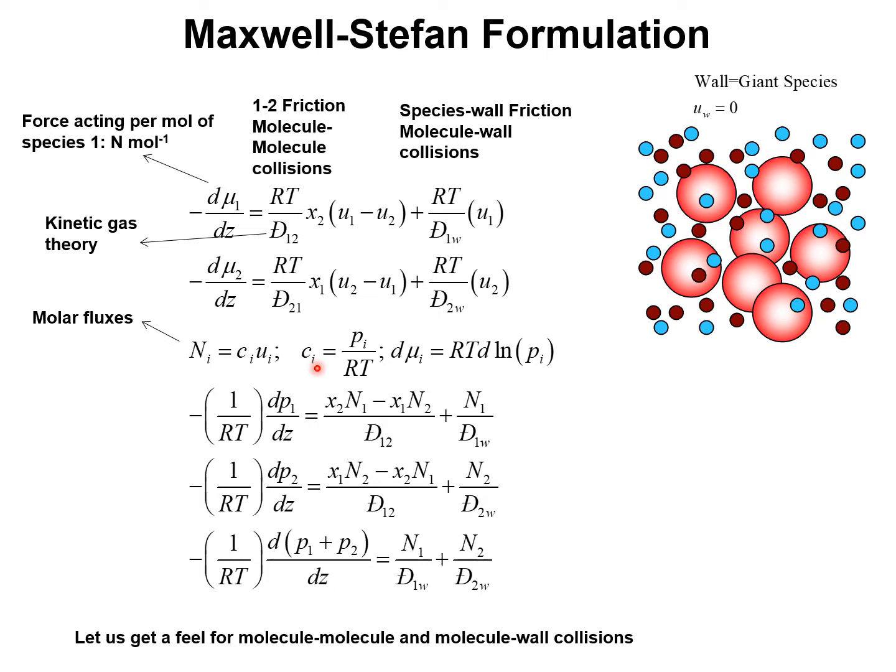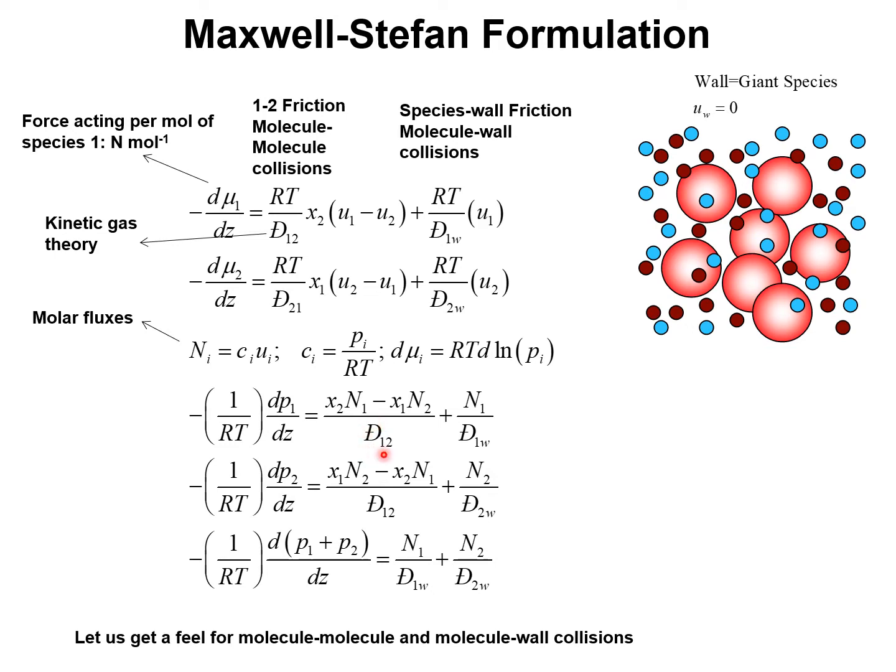The molar concentration of species i for an ideal gas mixture is the partial pressure of species i divided by RT, and for an ideal gas mixture, the gradient of the chemical potential is RT times d ln of the partial pressure of component i. With these substitutions, the Maxwell-Stefan relations are rewritten in terms of the gradients of the component partial pressures and the molar fluxes of components 1 and 2, N1 and N2.